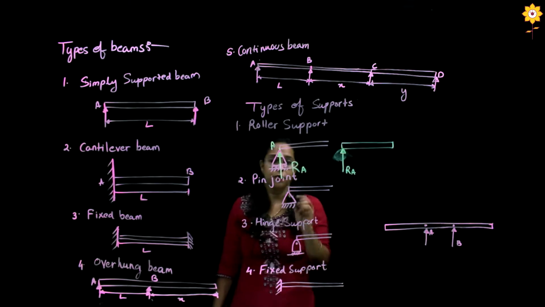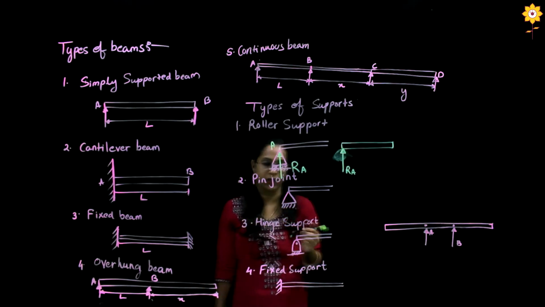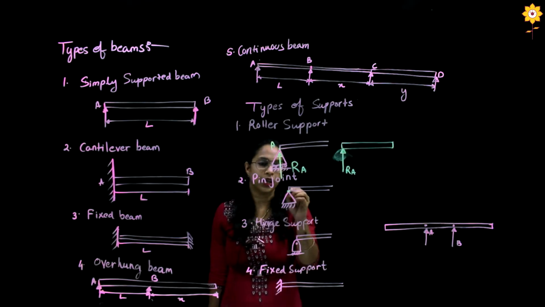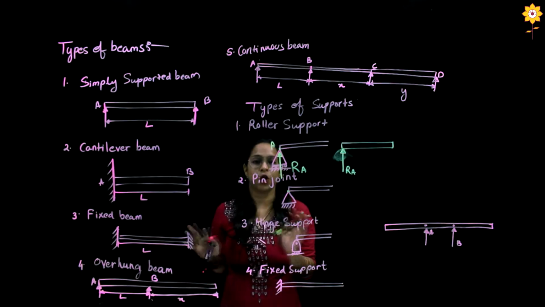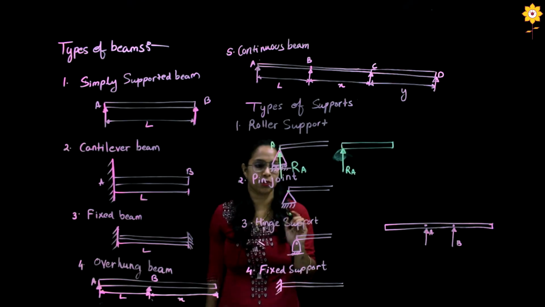Next we have the pin joint. A pin joint and a hinge joint have a similar kind of effect. A pin joint allows a structure to rotate if it is fixed only at one point. At a pin joint, the vertical as well as the horizontal motions are always restricted, for both hinge and pin supports.